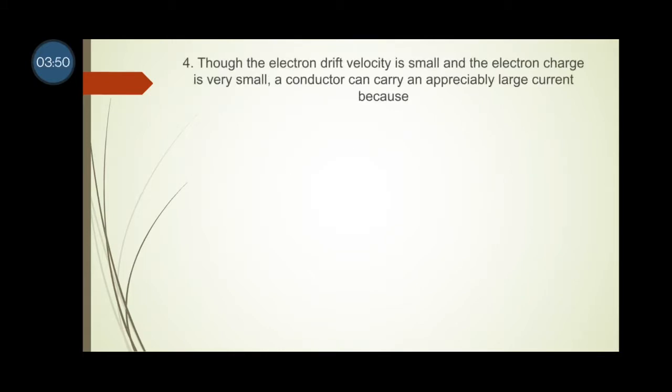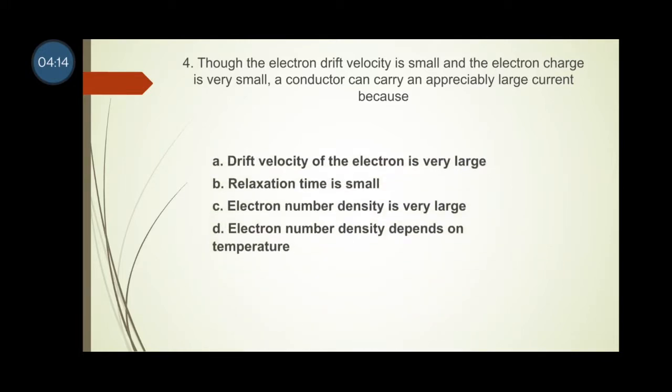Fourth question. Though the electron drift velocity Vd is small, and the electron charge e is very small, a conductor can carry an appreciable large current because drift velocity of electron is very large, relaxation time is small, electron number density is very large, or electron number density depends on temperature.